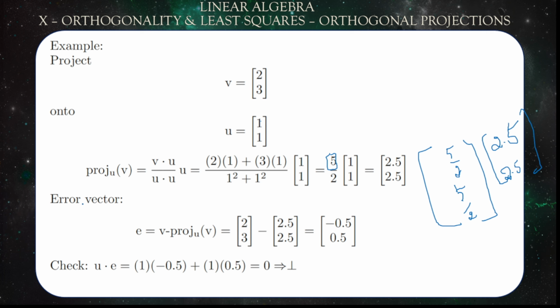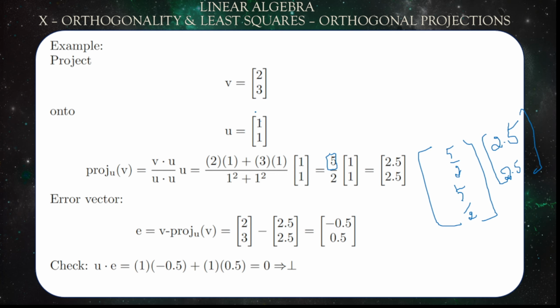The error vector, let us retrieve the formula. The error vector is equal to v minus the projection of v over u. What is v? It is (2, 3) minus (2.5, 2.5), meaning how different the projection is from the original vector. This is what the error refers to.